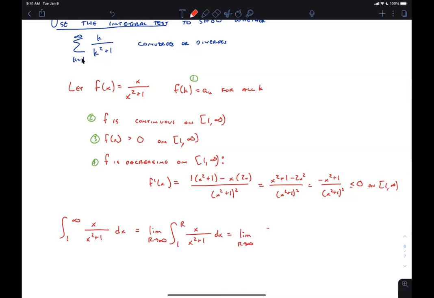The integral of that is 1/2 log of the absolute value, although you could drop that, of x squared plus 1 from 1 to r. So we plug in r squared plus 1 and we plug in 1.